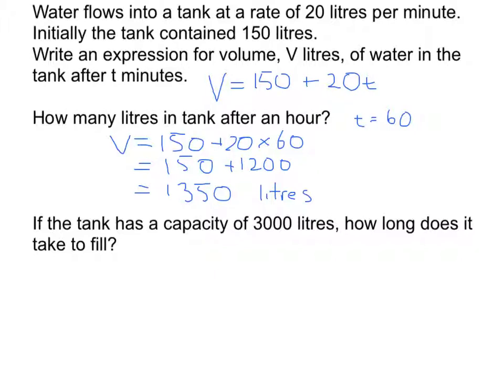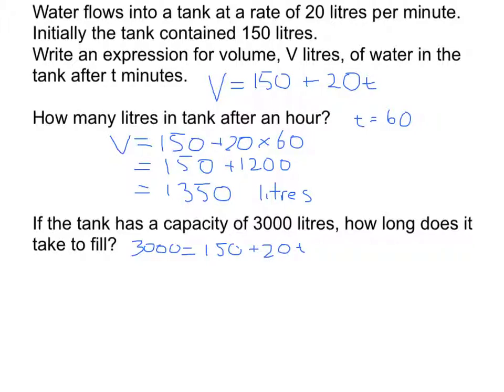For the third part of this, if the tank has a capacity of 3,000 litres, how long does it take to fill? So this is putting V equal to 3,000 and finding the value of T. So 3,000 will be equal to 150 plus 20T.